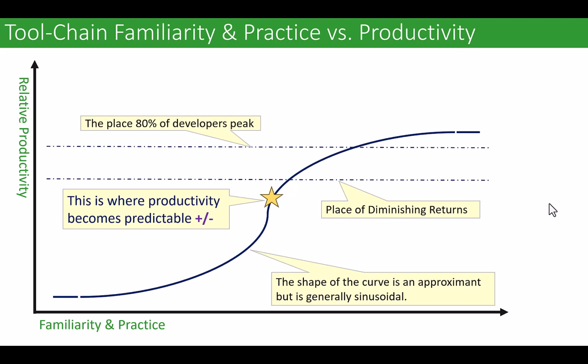There is that sharp upturn, and somewhere along that line, that's where productivity becomes predictable because the person using the tool chain knows enough to be useful. And at some point, time invested in the tool chain preemptively renders diminishing returns.